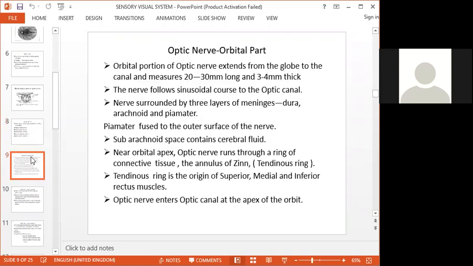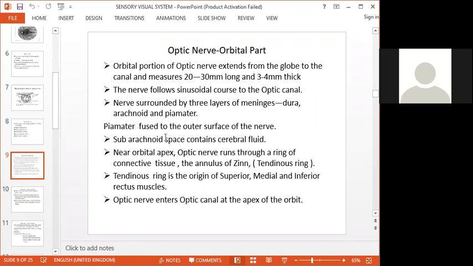The orbital portion of the optic nerve extends from the globe to the canal and measures 20 to 30 millimeters long, 3 to 4 millimeters thick. The nerve follows a sinusoidal course.